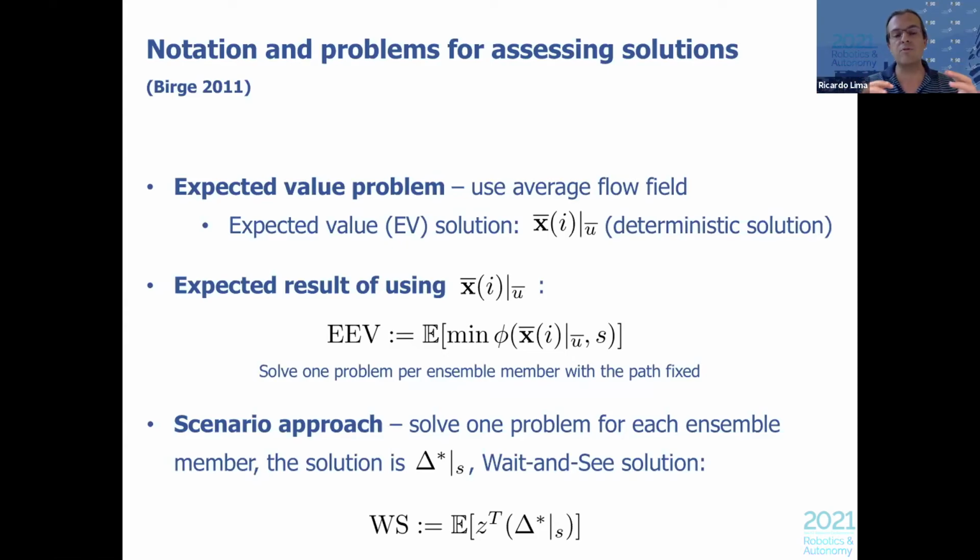But the problem of this scenario approach is that you end up with 50 different paths. And now the question is, which path do you select? In fact, Omar has a previous paper that tries to solve this, right? So how do you select the proper scenario?